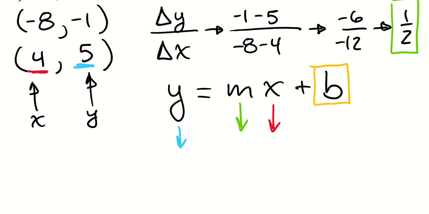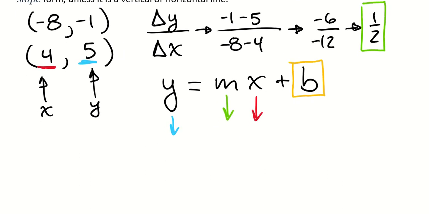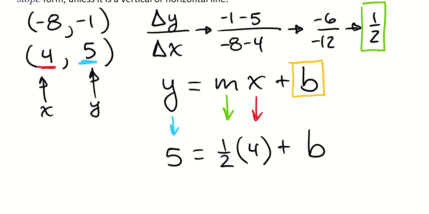So, in place of y, I'm going to put the number 5. In place of my slope parameter, I'm going to place 1/2. And in place of x, I'm going to place the value 4, plus b.